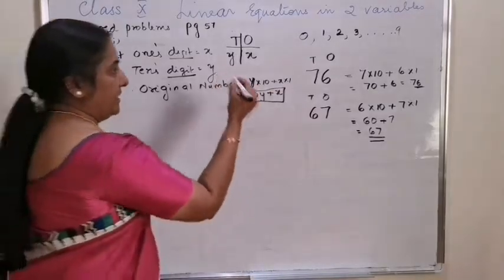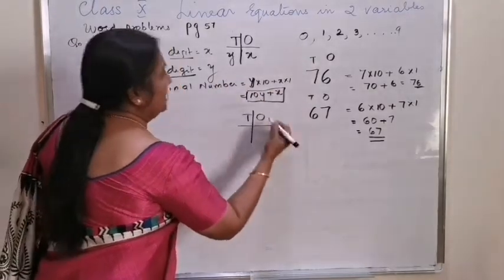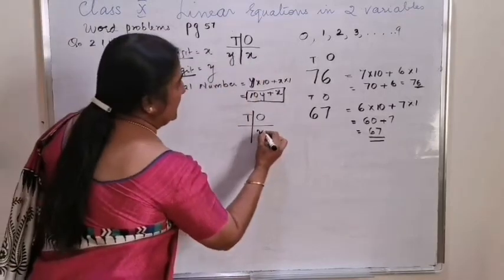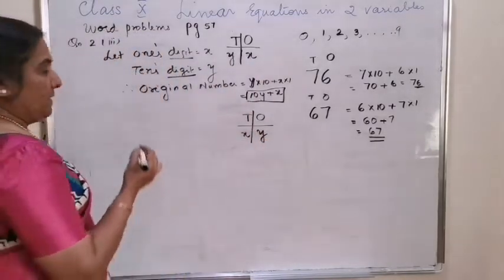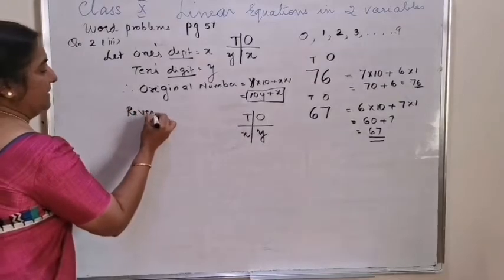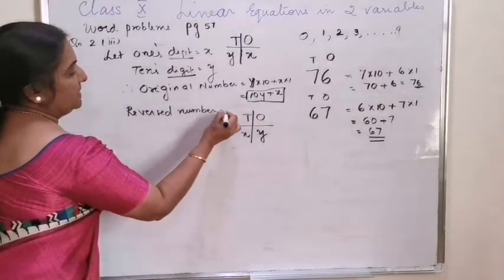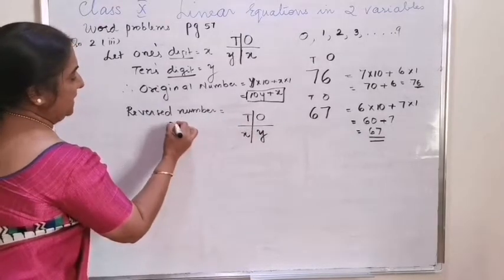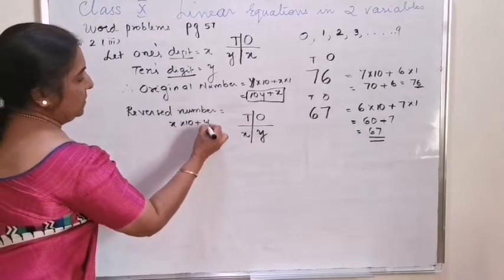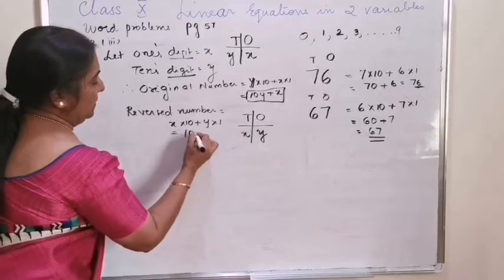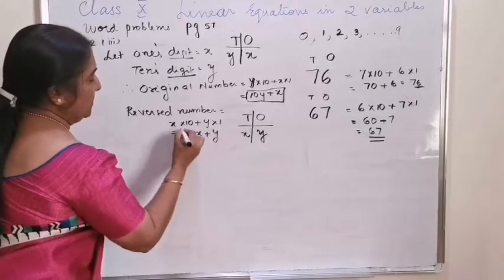And the reversed number, when you reverse the digits, what will be the reversed number? The reversed number is equal to x into 10 plus y into 1, or 10x plus y.